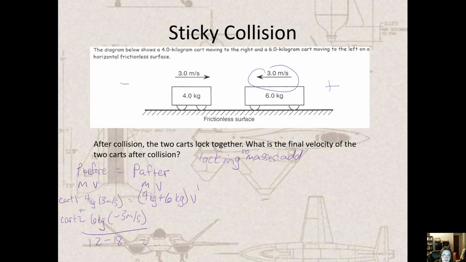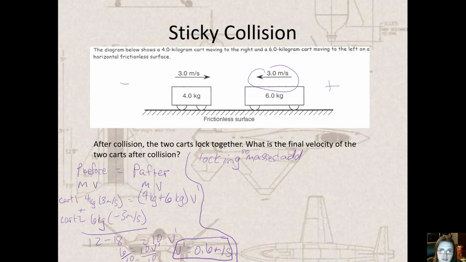So then 6 plus 4 is 10. V prime is what we're looking for. So then it's 6 equals 10 V prime, divided by 10, divided by 10. So then V prime is equal to 0.6 meters per second. So there's that one from the table.